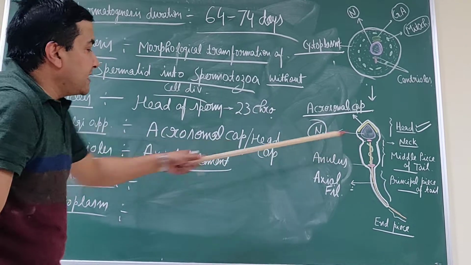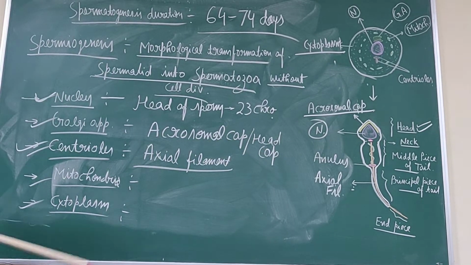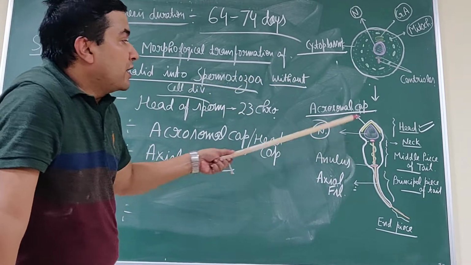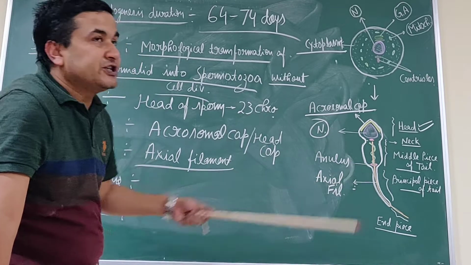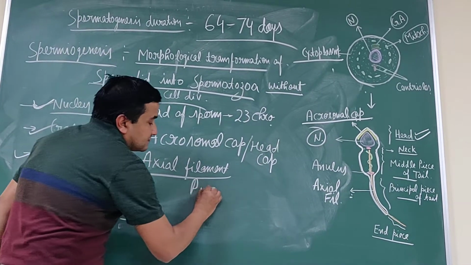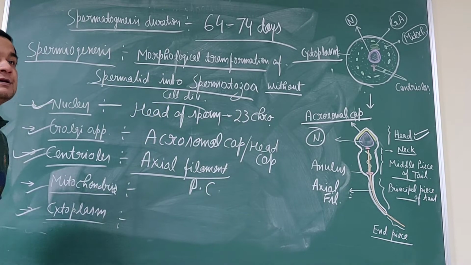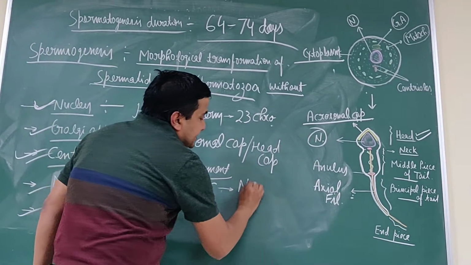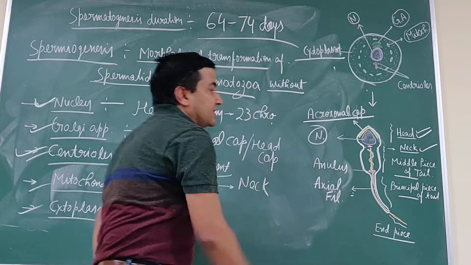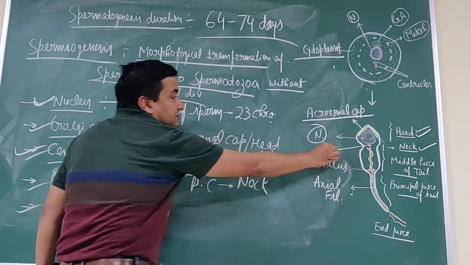This axial filament is derived from the centrioles. Now these centrioles separate: one is proximal and one is distal. The proximal centriole is present in the neck region. This is the neck, and this is the proximal centriole.